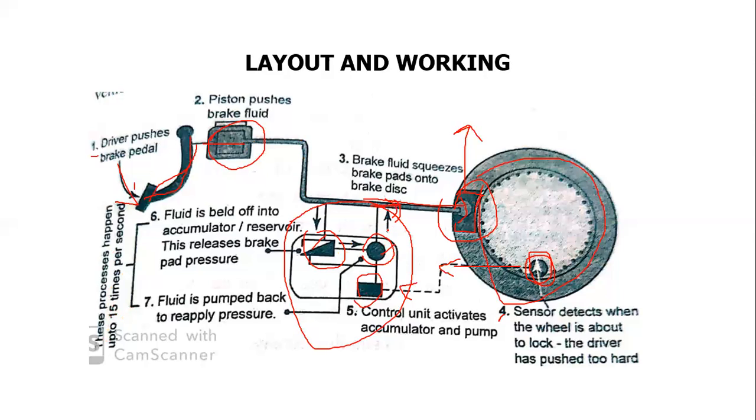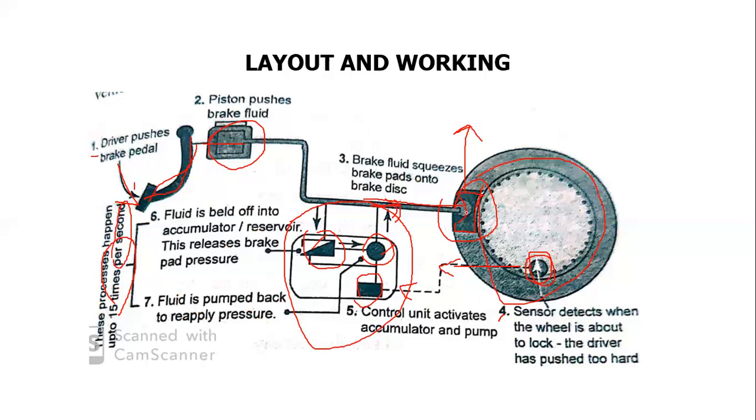So this is the sequence of operation that occurs once the brake is applied in an extreme condition. This means the fluid is pumped back to reapply the pressure. The pressure is applied and released, applied and then released, 15 times per second, in 1 second.